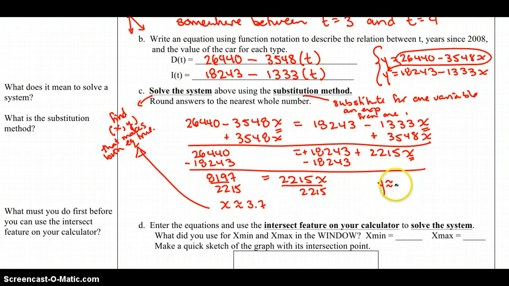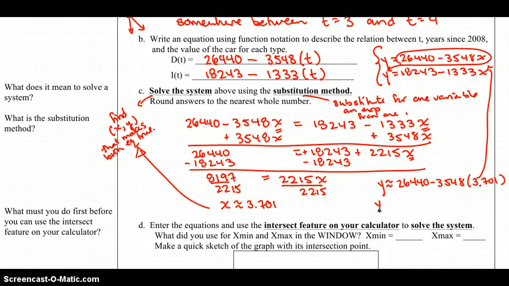Okay, so that was about 26440 minus 3548. So I'm just using our expression we had up here, and in place of x, I'm going to put in there, let's see, this was 3.701, if we kept a few more decimal places on there.